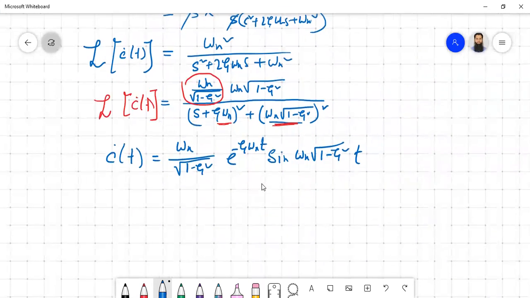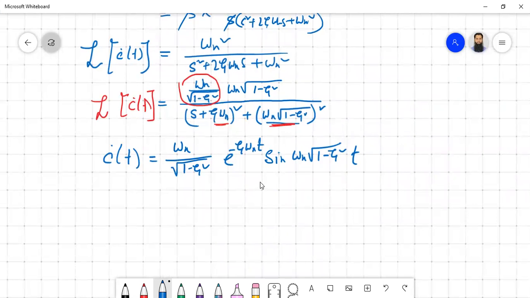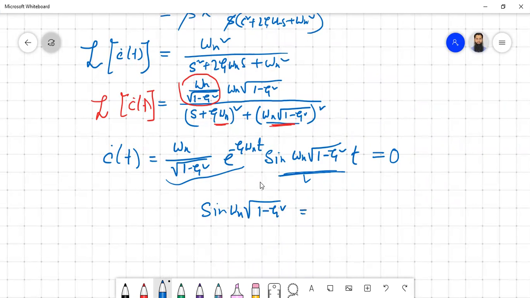Okay, so the condition for achieving the maximum value is that the derivative has to be set to 0. These parameters are constant, so only whenever this sine parameter is 0, your c dot t will become 0.